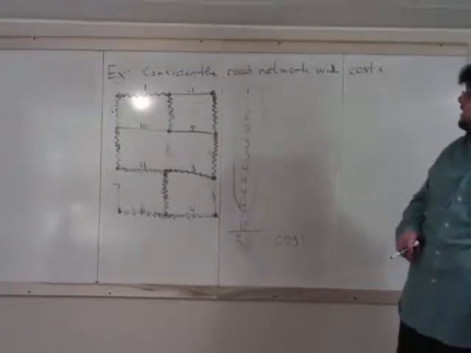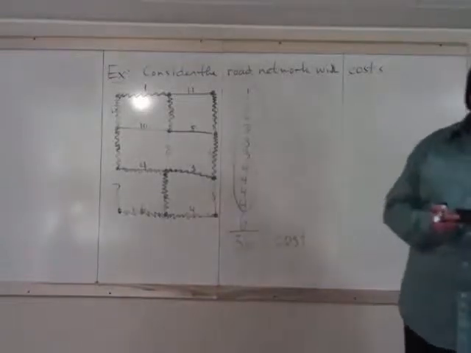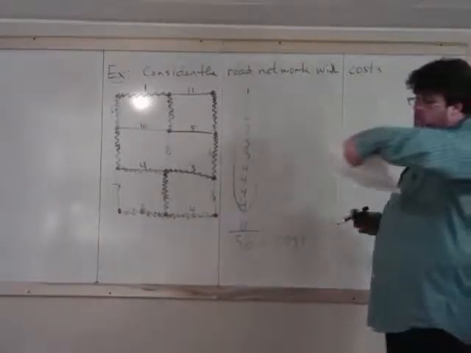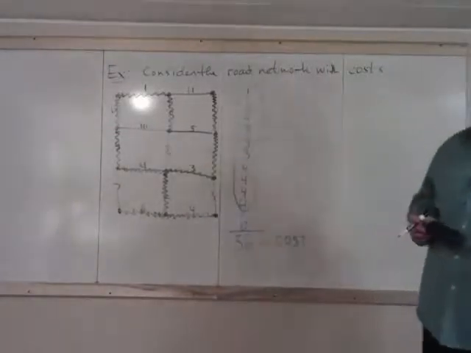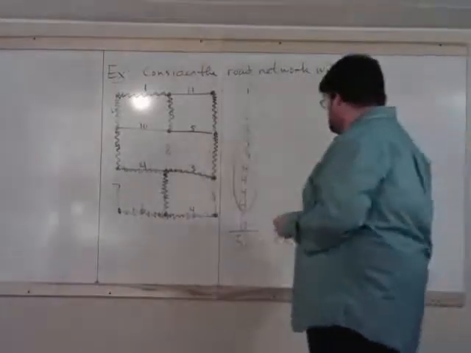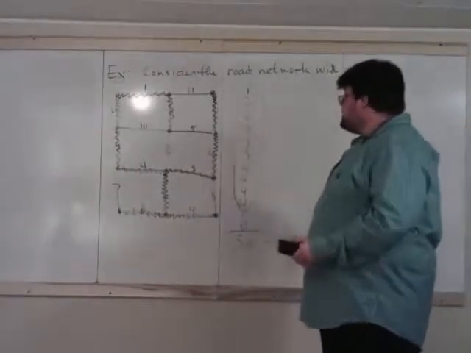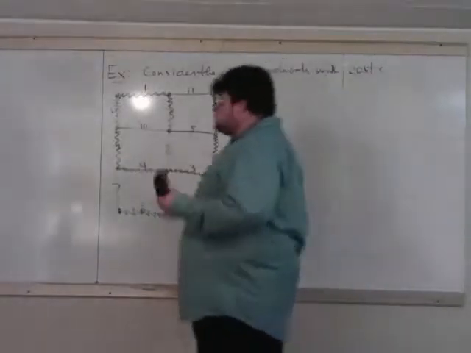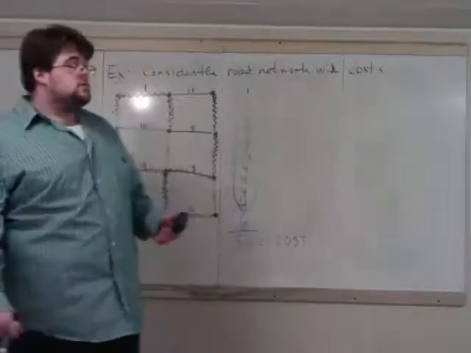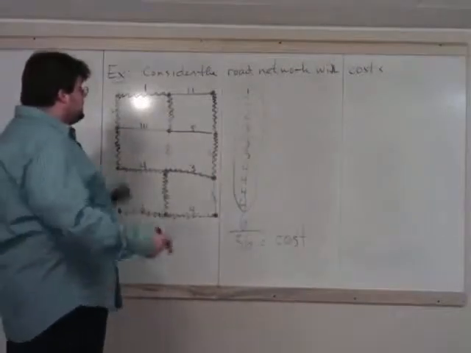Just looking at the path to see if it's the same path I made. Yes, it is. So I have cost of 36. So right here, we followed Kruskal's algorithm. We did not add an edge if it gave us a cycle, and we got the total cost.